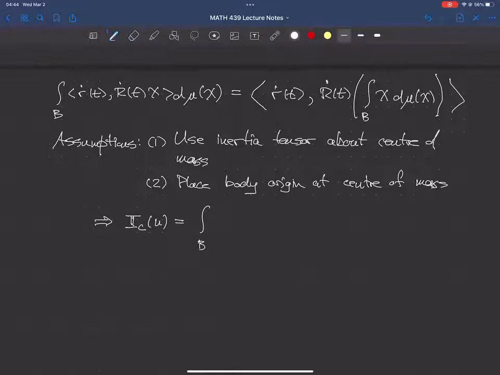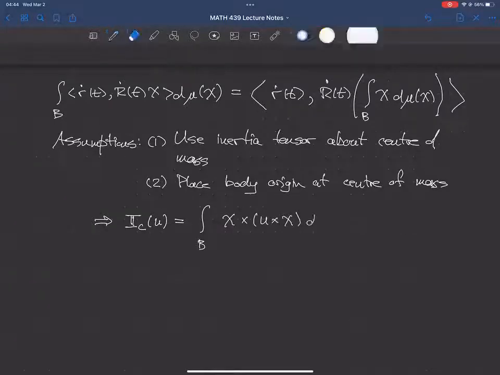Okay, and so I'm going to use chi here because that's the variable that I'm using for the coordinates in the body frame, cross u cross chi. That's the definition of... Sorry, let me write this out in full, just to emphasize what we're doing.